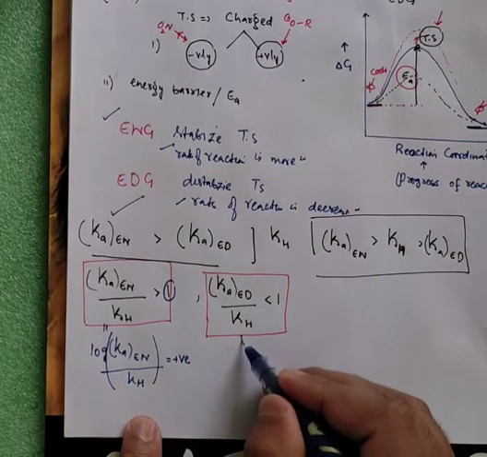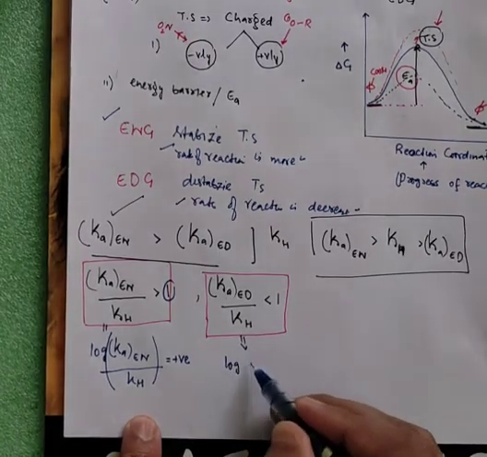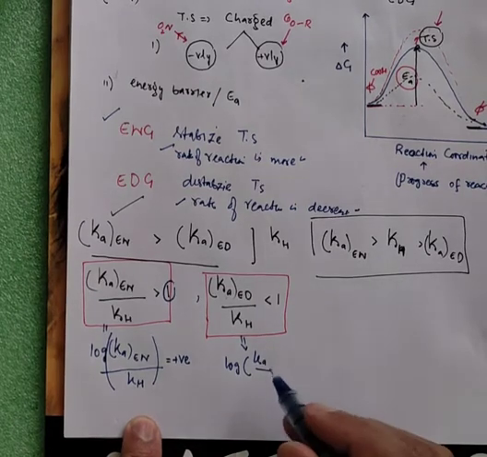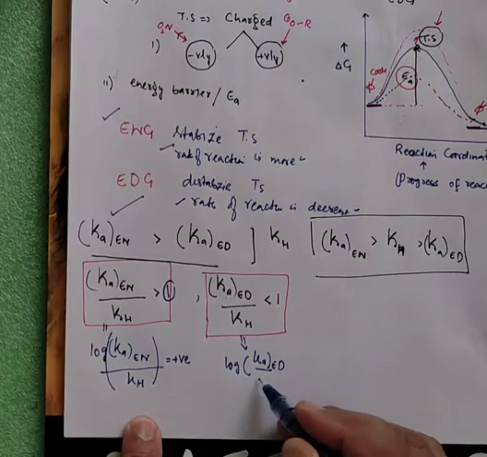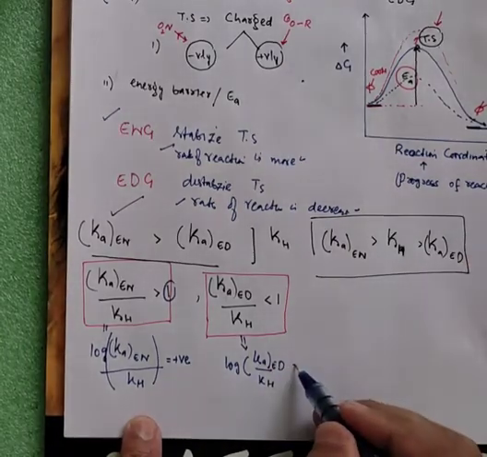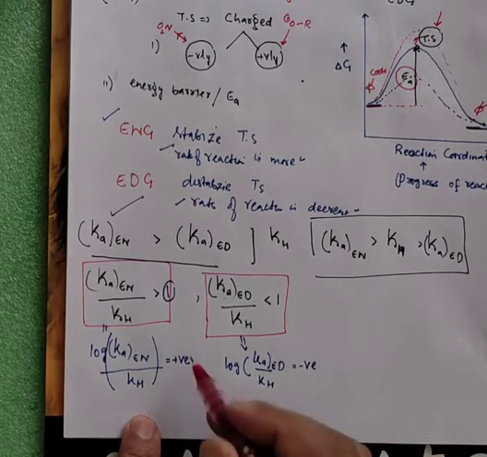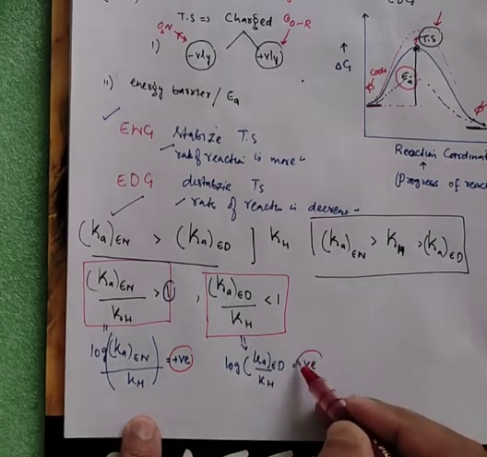Likewise, we write log of Ka for electron donating groups divided by Kh. Log of 1 is 0, and for less than 1 it becomes negative. Now this is a very important point: this value is plus for withdrawing groups and negative for donating groups.